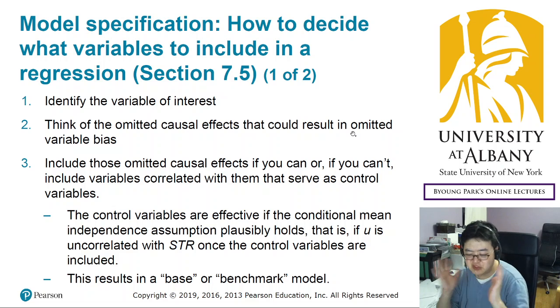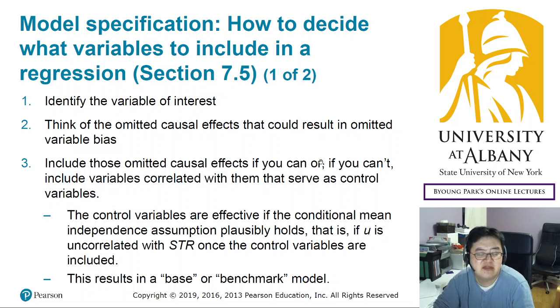So think about the potential determinants, and then think about whether they are available. If they are available, then you have to include those variables. If not, then think harder, and if there is any available data related to those unobserved factors, try to include as many controls as possible to approximate the unobserved factors.